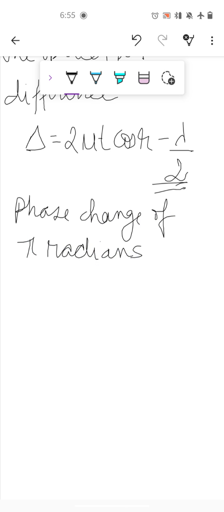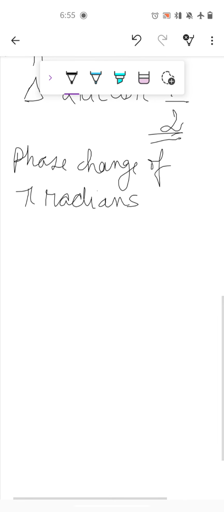In which light ray? This is due to the light ray which is reflected from the bottom boundary of air to glass.